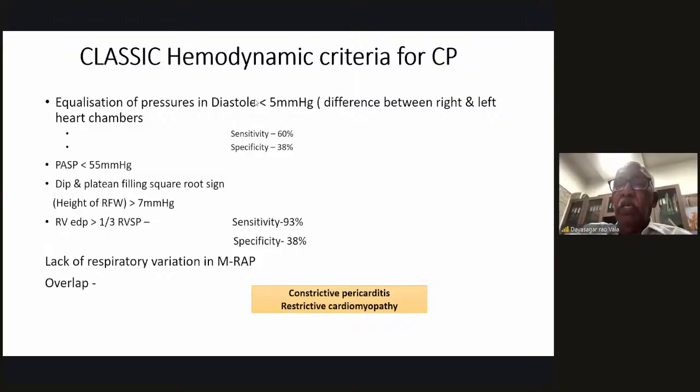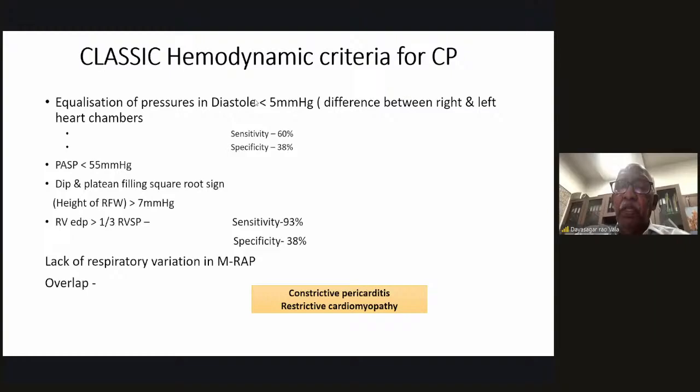But what we classically have been taught was the so-called square root pattern or the dip and plateau pattern with a rapid filling wave of more than 7 millimeters. And equally importantly, the right ventricular end diastolic pressure relative to the RV systolic pressure. But each of them had a sensitivity of 93%, but specificity was very low, indicating that there are other diseases which can cause a similar pattern.